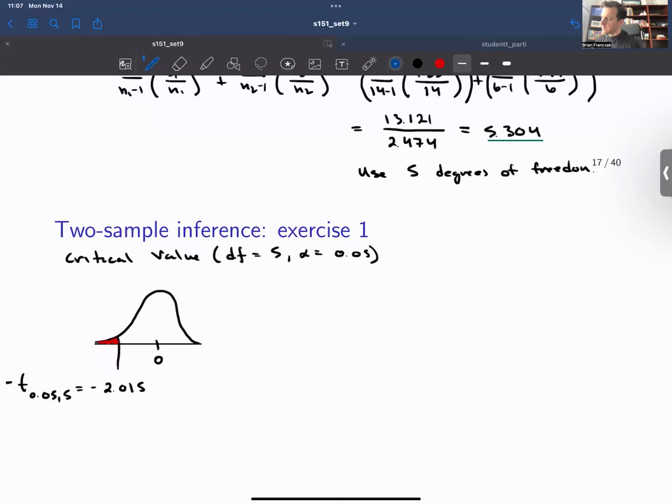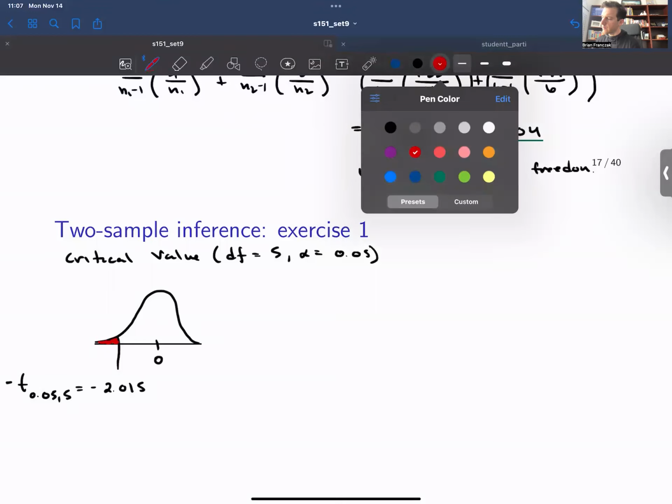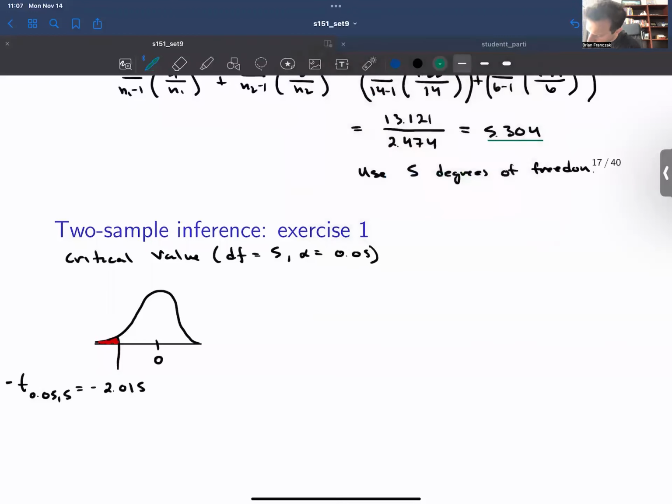Our test statistic is negative 1.65, so that means our test statistic is going to be located, say, over here, for example. So this is t equals negative 1.65. And you can see that the test statistic does not get into the rejection region in this case. So we would have no evidence to reject the null.